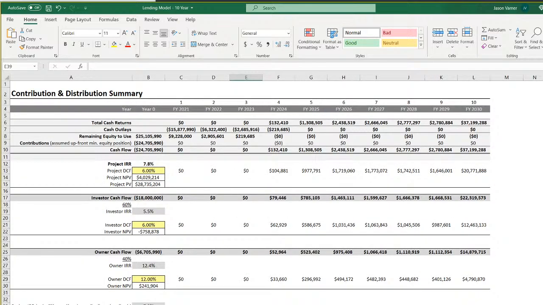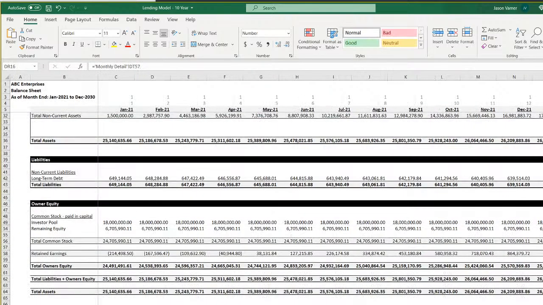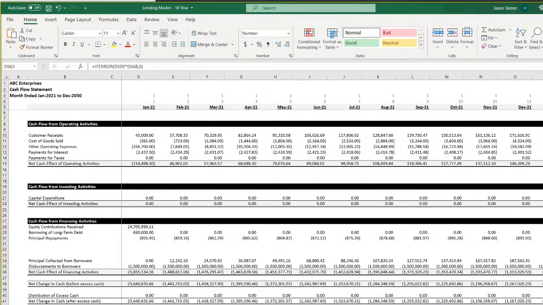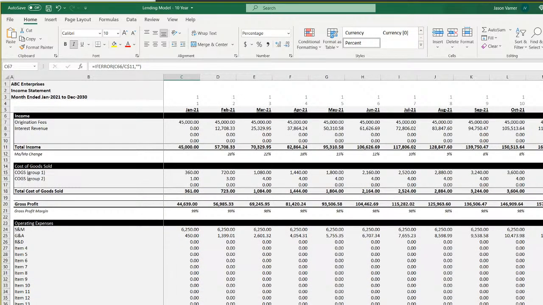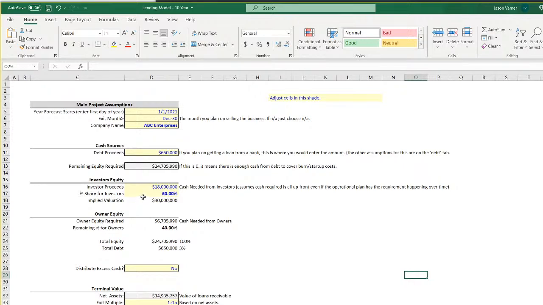Then I decided two weeks ago to build a three-statement model on top of this, which was very, very difficult. Last time, I had the equity requirement as a hard-coded input. Now it's defaulted to the minimum equity required, and any net income or profit is reinvested back into loan requirements.